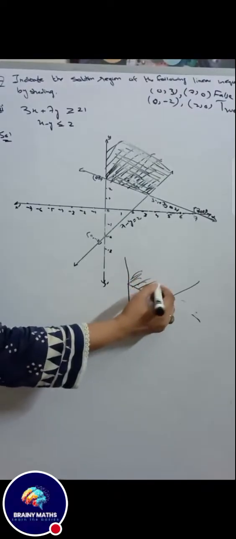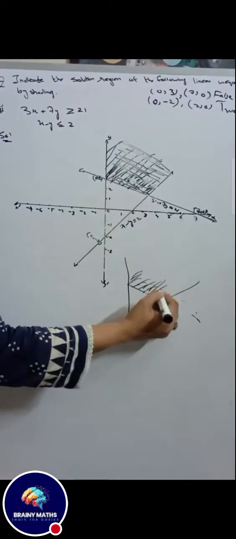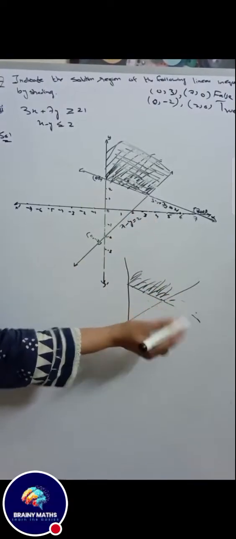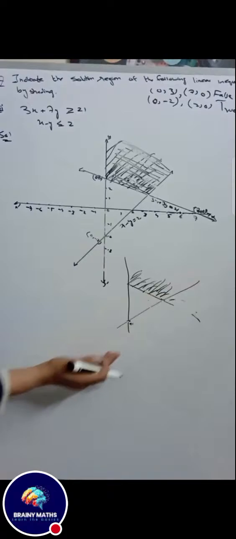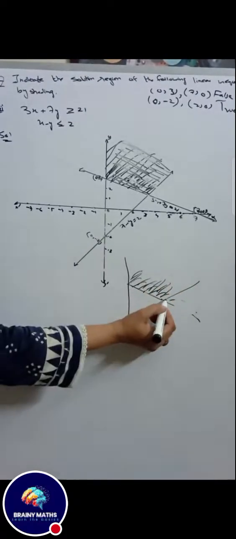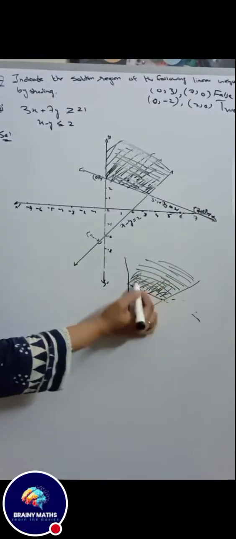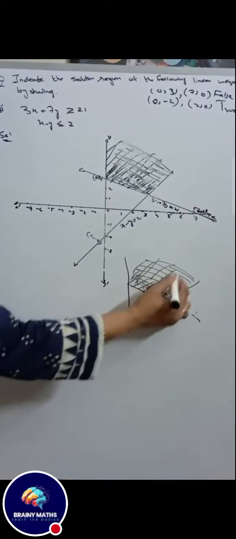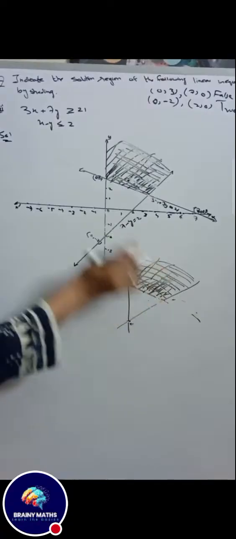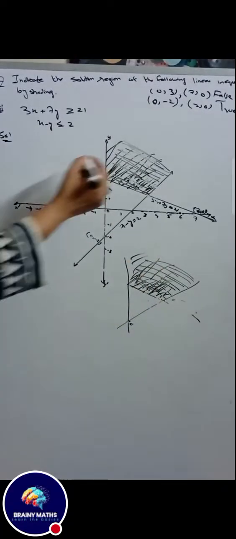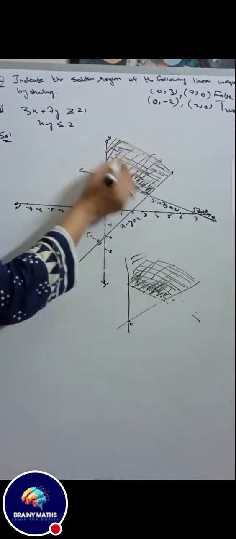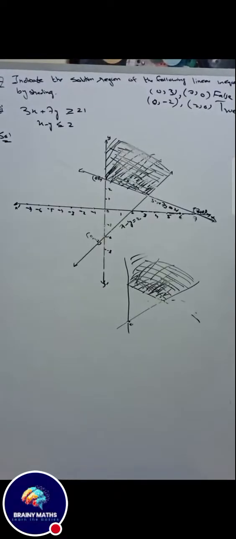I'm talking about this, away from the origin. Next part is towards the origin. The line was that. Alright? So, towards the origin. By joining these lines, I get a shaded area. Clear? I hope it's clear. Very important. Alright?